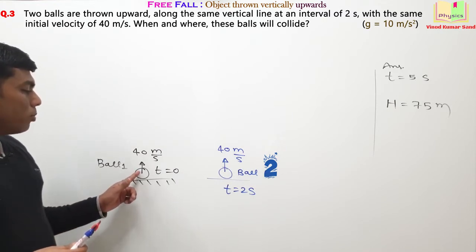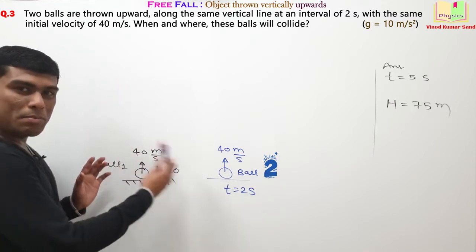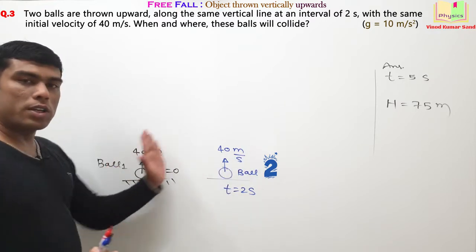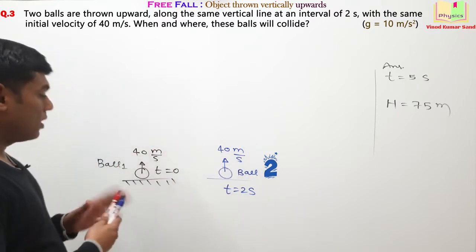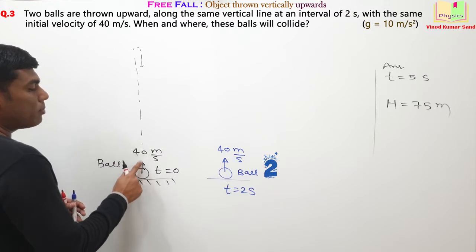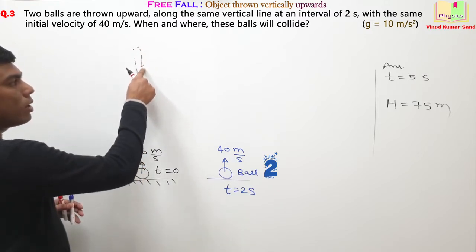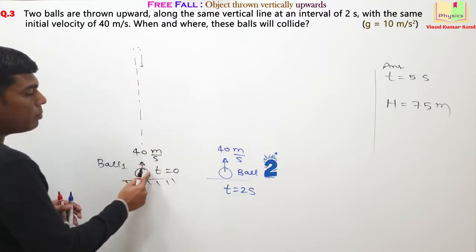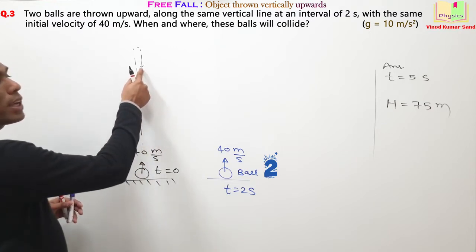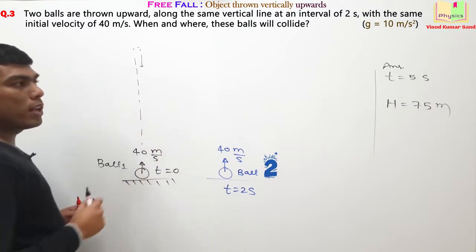So these two balls are actually moving along the same line. For calculation purpose, I am showing the ball 2 a bit displaced. It is for sure ball 1 will rise up and will be falling back. At that moment, ball 2 will be going up and these two balls will meet.